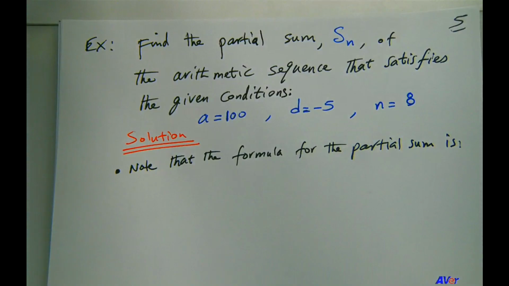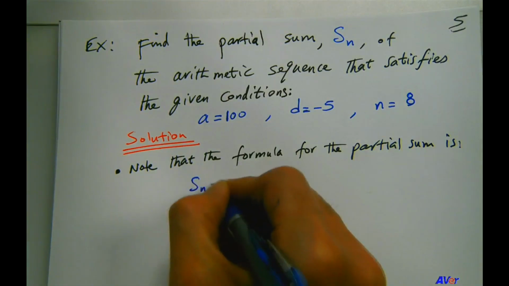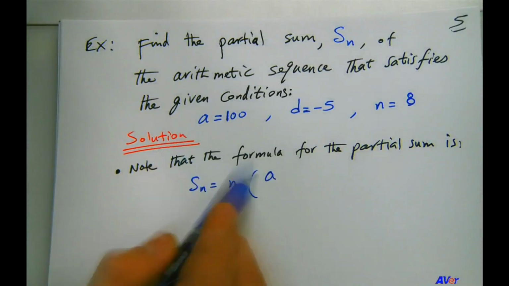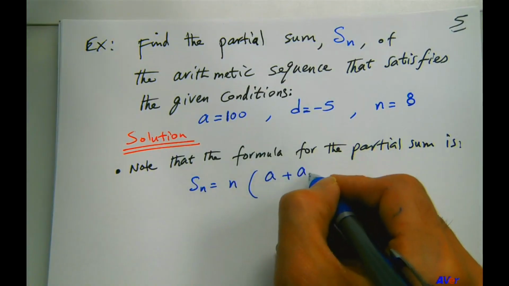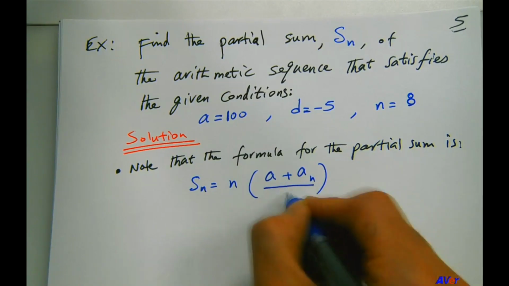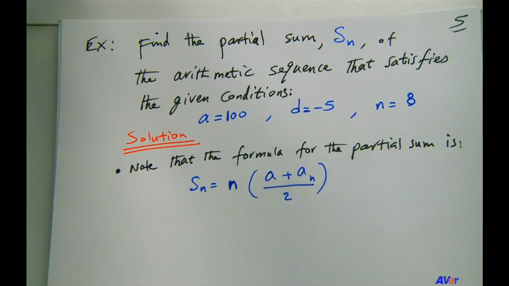It was n times a, which is the first digit in the partial sum, plus an, divided by 2, right? That's the formula we're using.